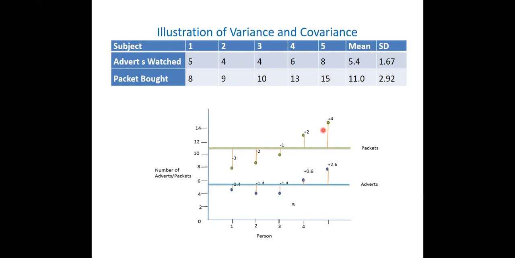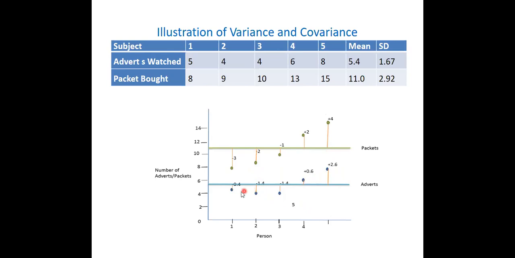If the covariance were negative, what will happen is that as numbers 1 to 3 have adverts watched below the mean, the packets bought will be above the mean. And as the last 2 are above the mean for adverts watched, the other one will be below the mean.